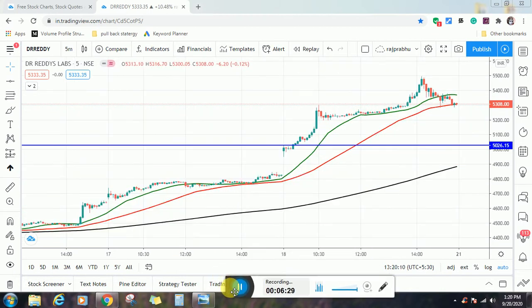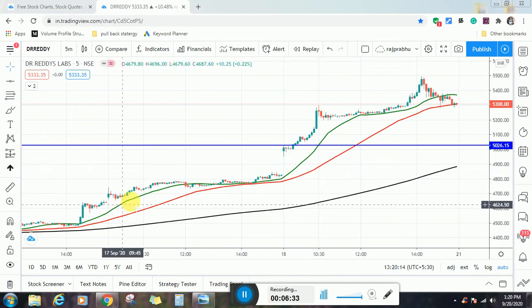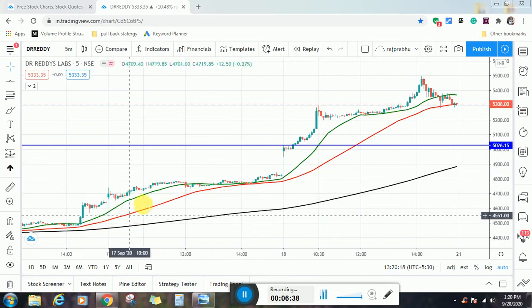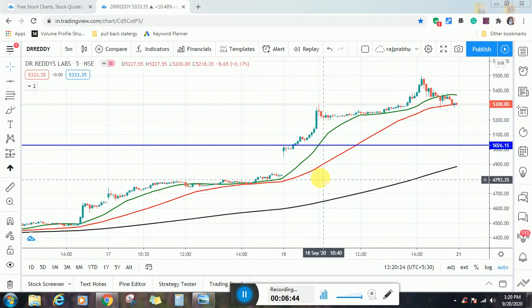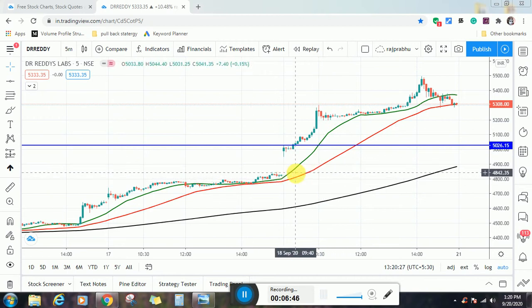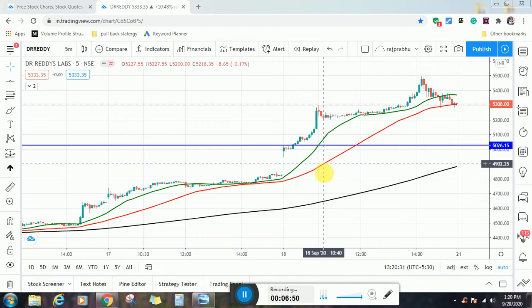Okay, I removed the indicator, and now see the railway track pattern first. The green line crossed above the red line. You can see the railway track pattern for a buying entry because the green line is above the red line.